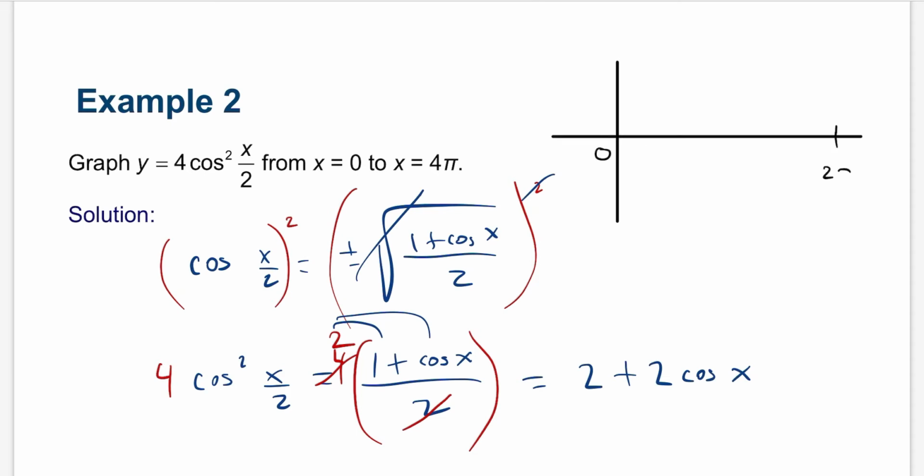We got 0, pi over 2, pi, 3 halves pi, 2 pi. The amplitude is 2. However, we're going to raise this 2 units because of the vertical shift. So now we're going to go all the way up to 4. And so 4 would be where you start. And then you're going to go down to 2 would be your low point.